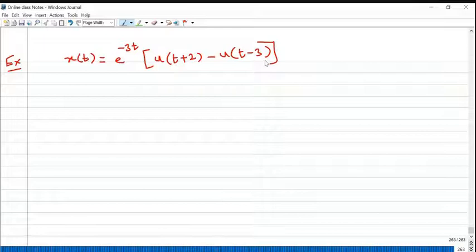Find the Fourier transform for this signal. E power minus 3t is a decreasing exponential only, so no problem. If it is e power 3t, then your integration limit would be infinite. It's not absolutely integrable. So we can find the Fourier transform for this signal.